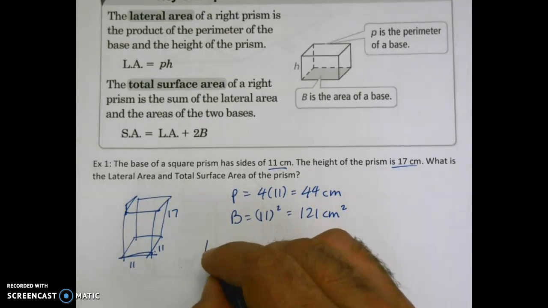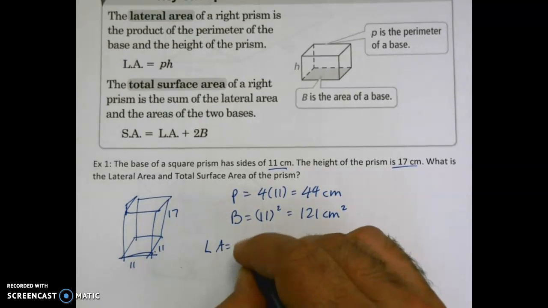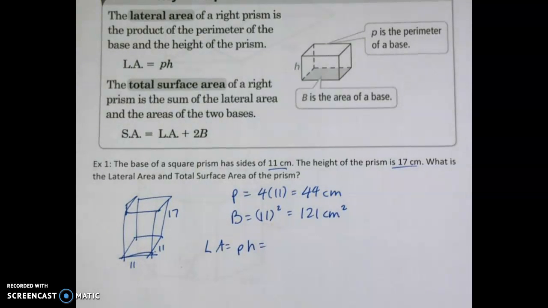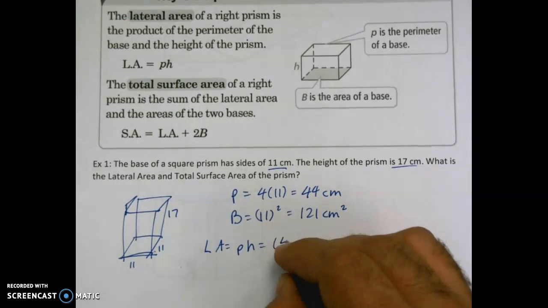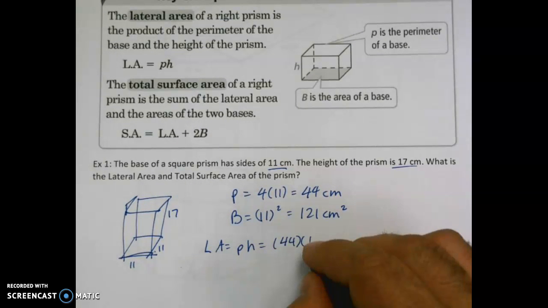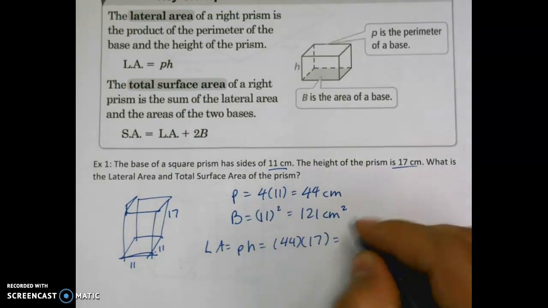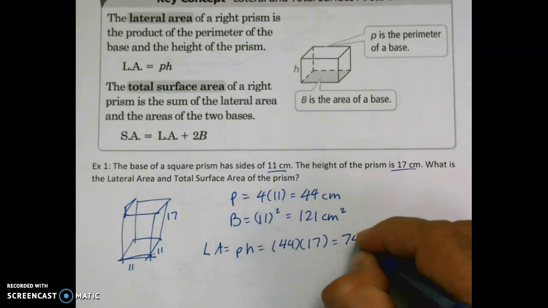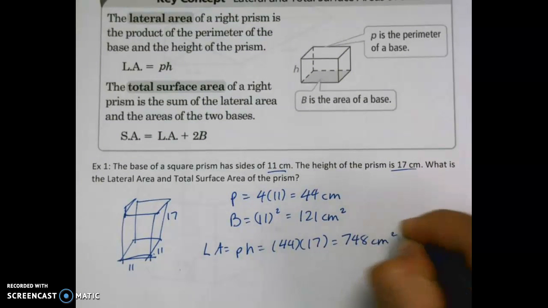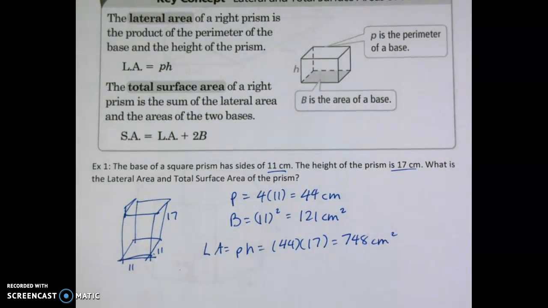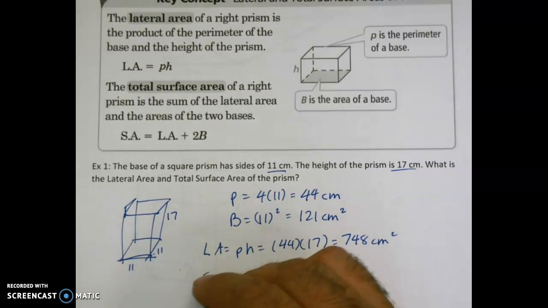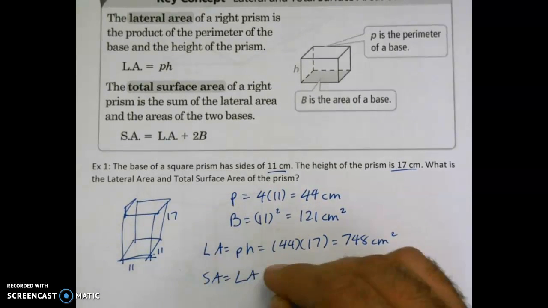Okay? So let's look at how we do this. The first one says lateral area is equal to perimeter times height. Okay, perimeter is 44, height is 17. 44 times 17 is 748 square centimeters. Okay? Surface area is LA plus 2B.